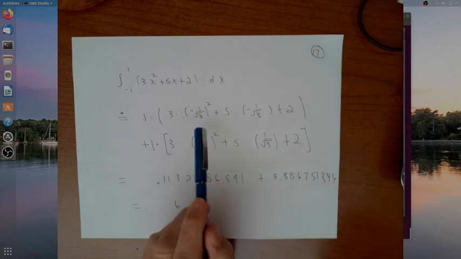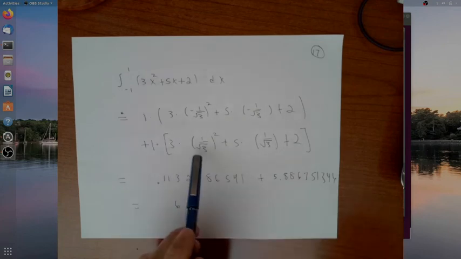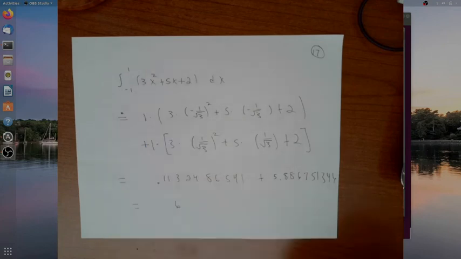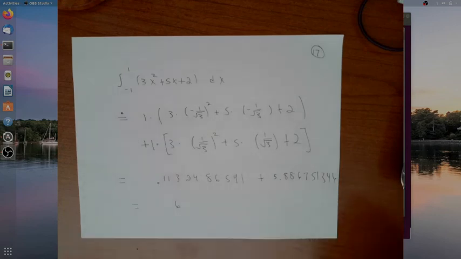So I plugged -1 over radical 3 in for the x, I plugged 1 over radical 3 in for the x, multiplied function values by C1 and C2, which are 1 in this case, did the arithmetic on my calculator, and it said 6. The Gaussian quadrature approximation for this integral is 6.